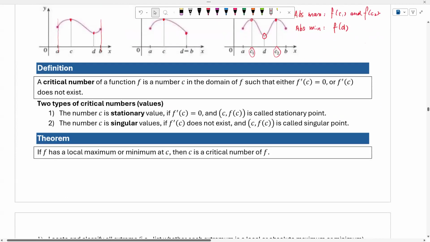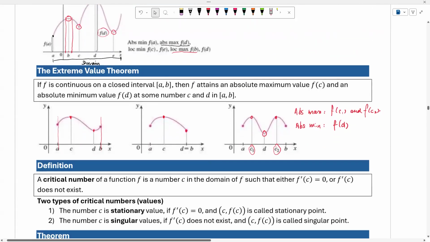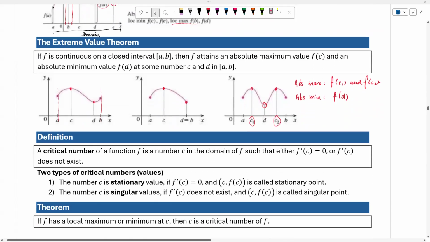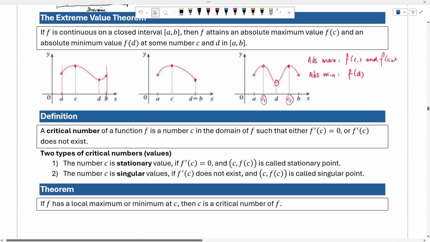Now we would like to look at these definitions here. A critical number of a function f is a number c in the domain of f such that f'(c) = 0 or f'(c) does not exist. We talked about critical numbers in our first package already.